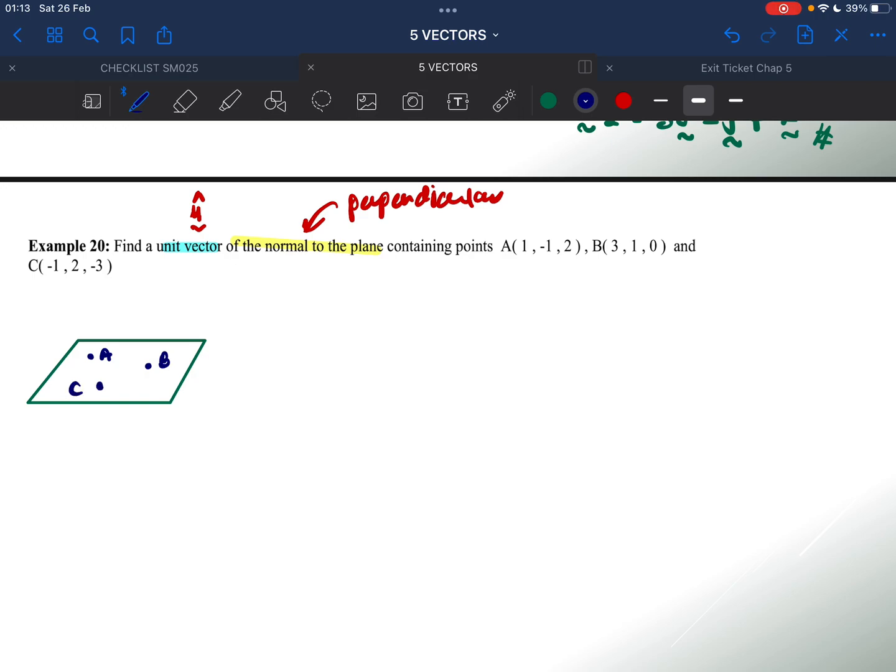Now the question says we want to find, let's write this as N hat, because we want to find the normal. What we know from here is that the normal is perpendicular to AB and AC. Can you see that?